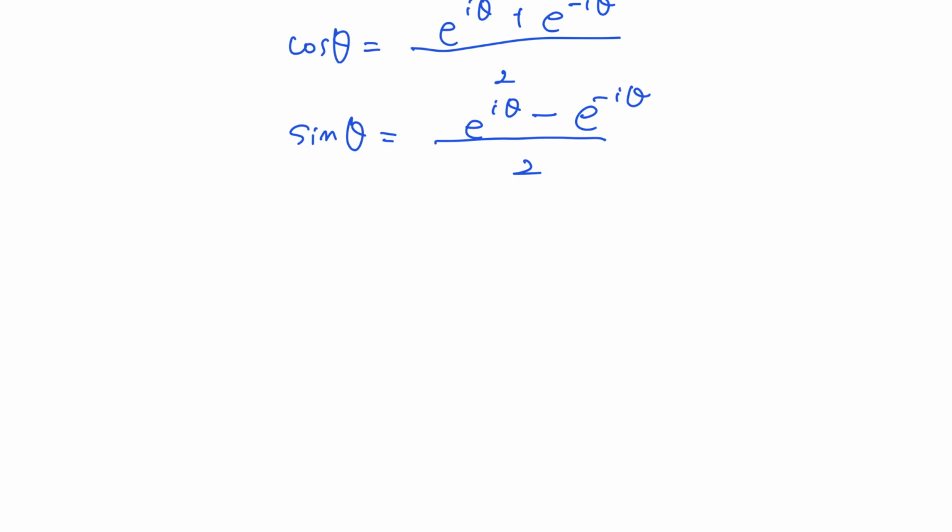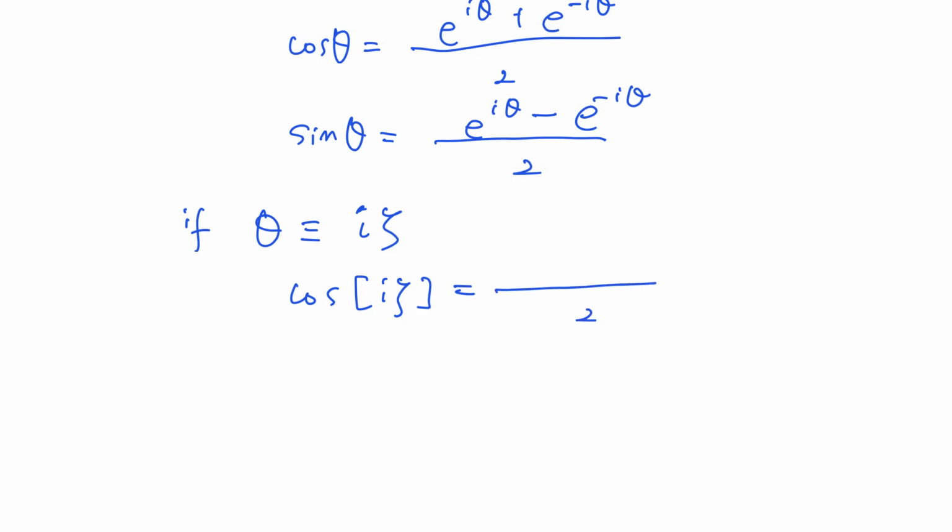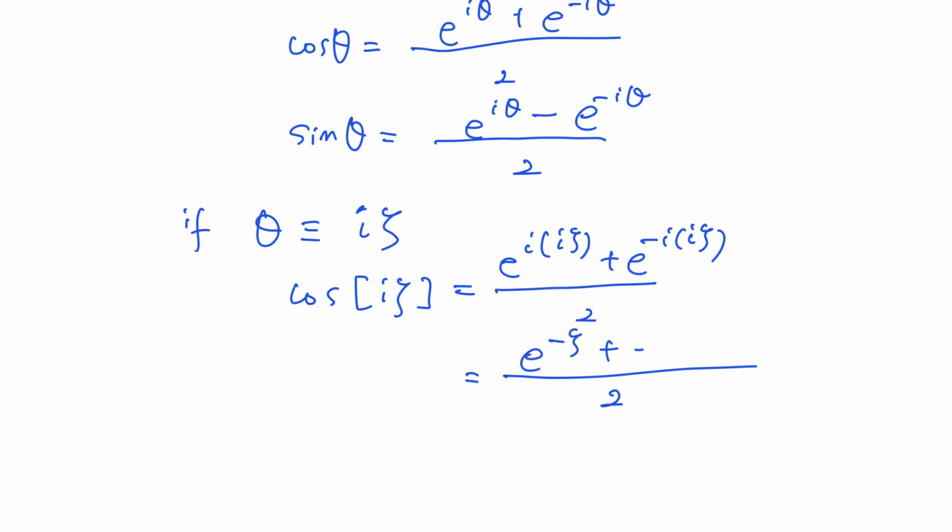If theta is defined the following way, by i times some number zeta, then you can still apply the same definition. Then cosine i zeta is exponential minus zeta plus exponential zeta, over 2.